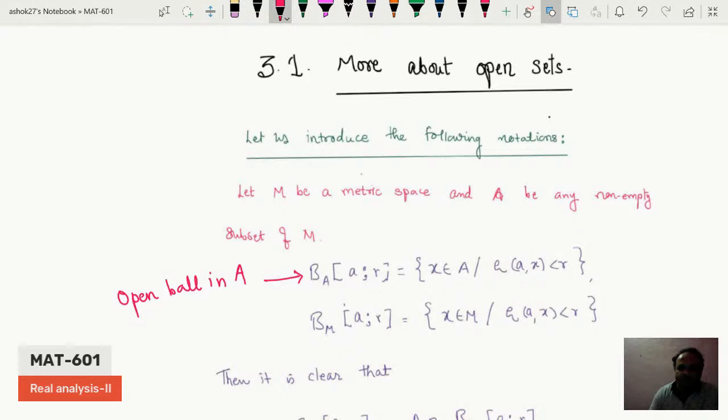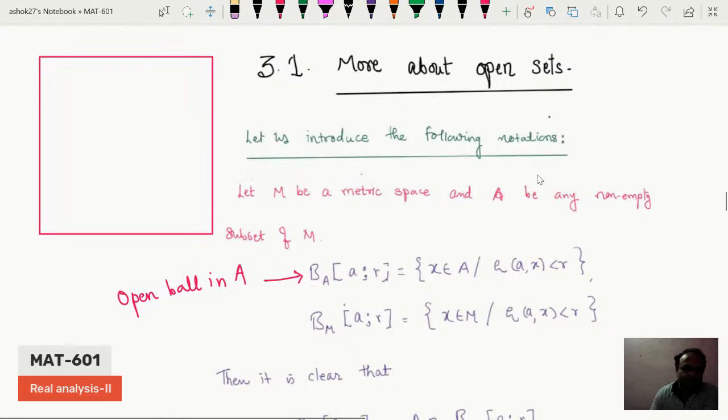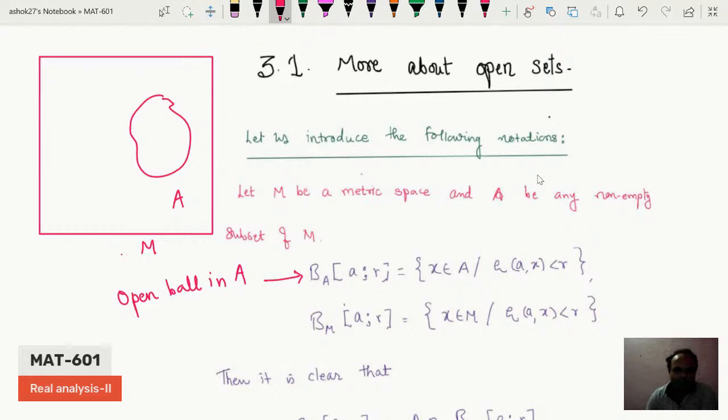You can consider the metric space M, and I'm taking a set A. Suppose a point a is here, and if we draw an open ball about a, it will be the open ball about a with radius r, where r is any positive real number.